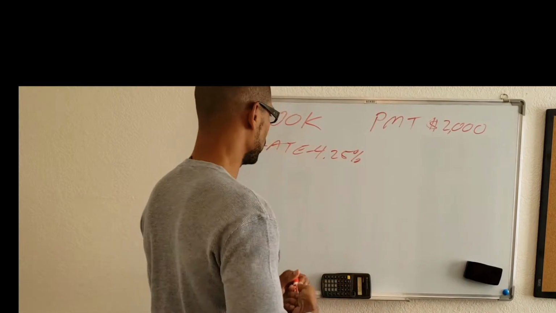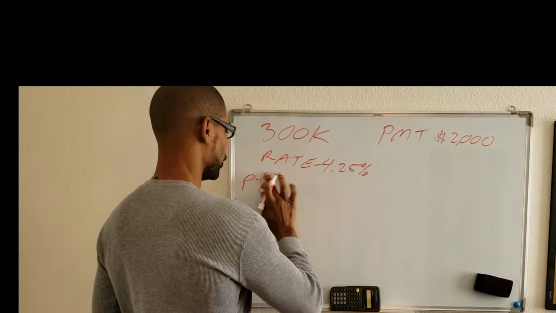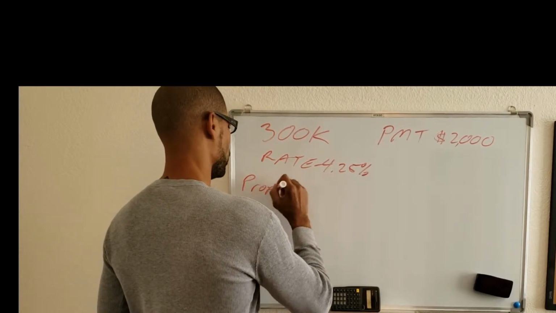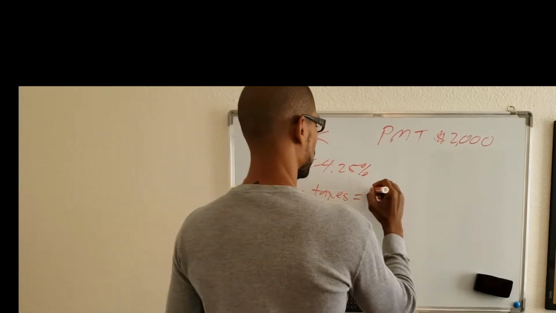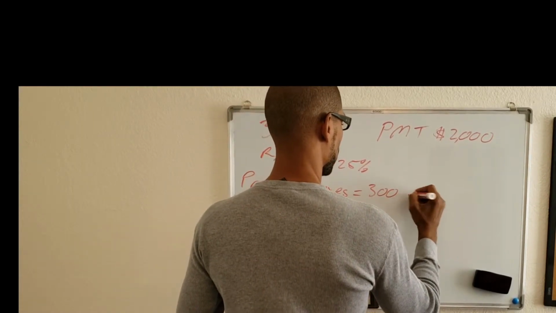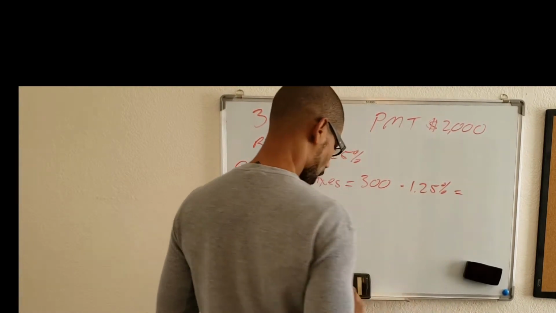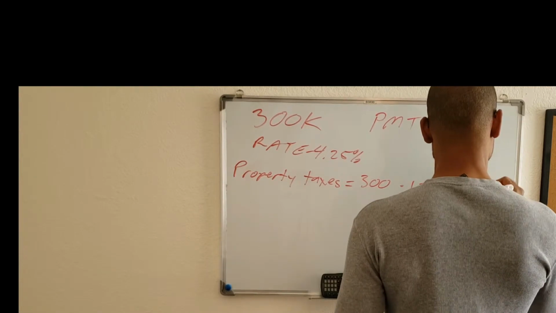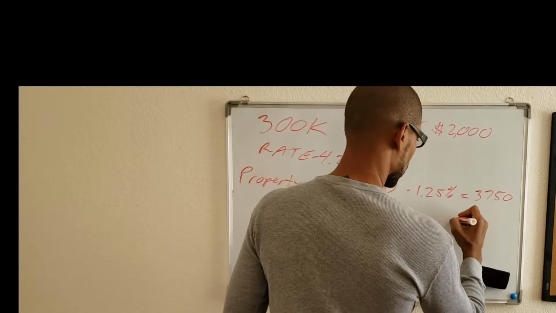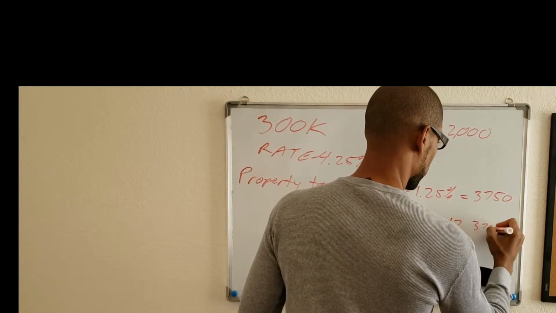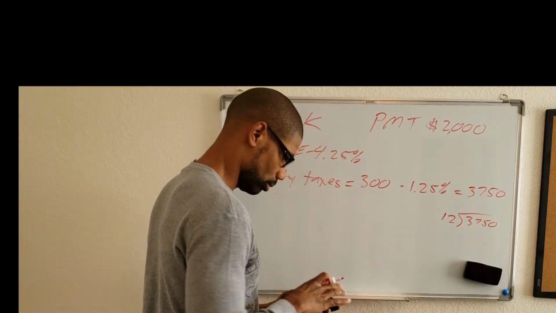So property taxes: you're going to take 300 times 1.25%, that equals $37.50. Then you're going to take $37.50 divided by 12. Do that in your calculator.